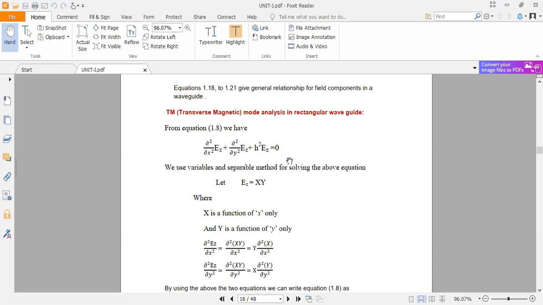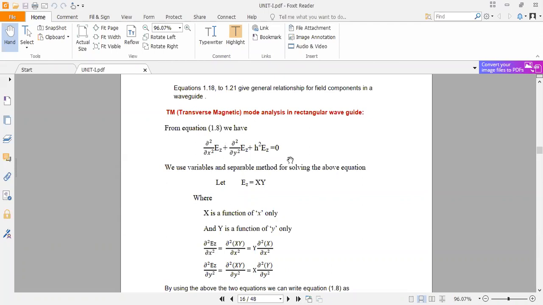We use the variable separable method, a mathematical method, to find the solution of this equation. So the field components Ex, Ey, Hx, Hy can be obtained using a method called variable separable method.